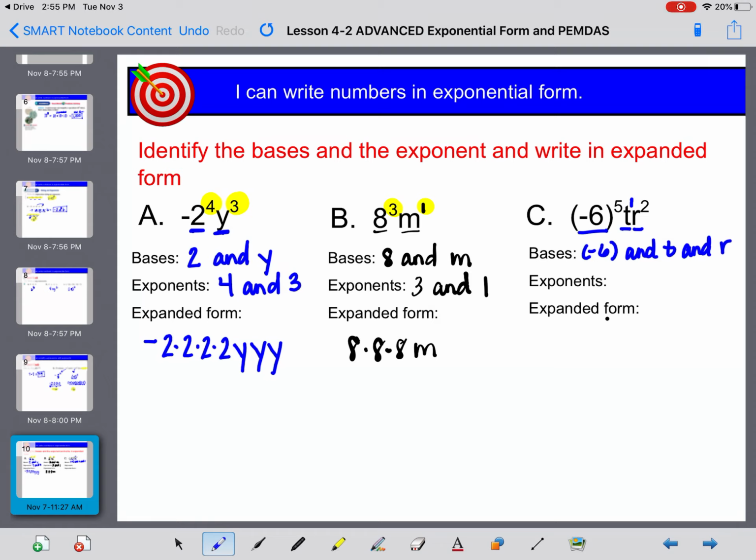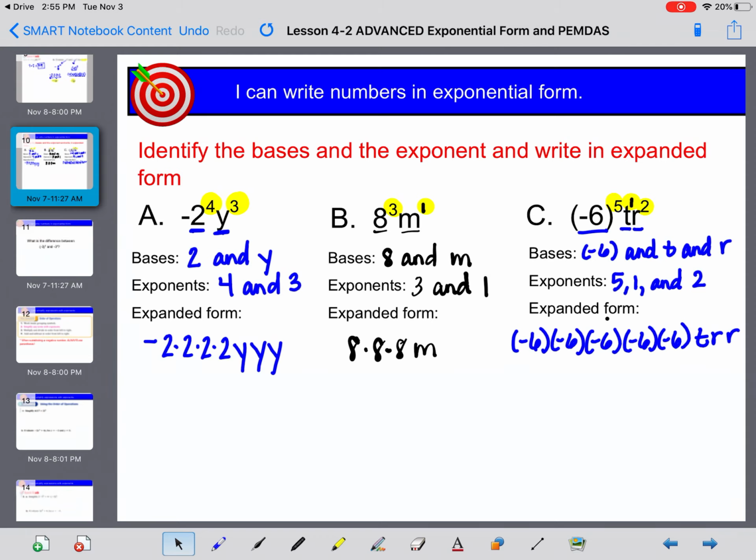So go ahead and sneak that in there. So the exponents are 5, 1, and 2. In expanded form, I would write this as negative 6 multiplying by itself 5 times, then a t, and then 2 r's.